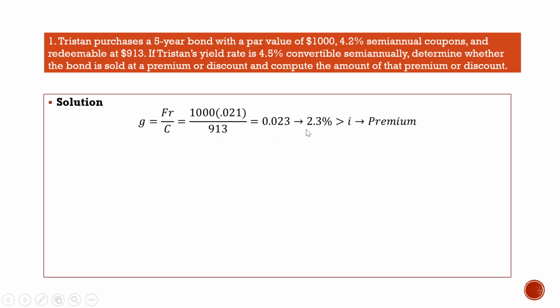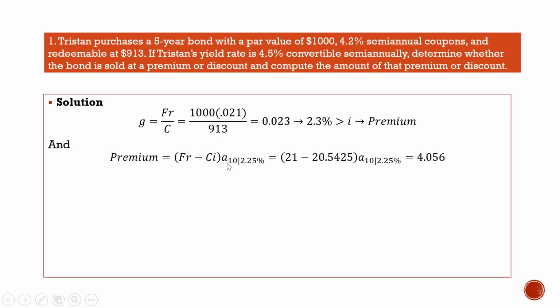So g is 2.3%, and 2.3% is greater than i because i here is 2.25%. 4.5% convertible semi-annually, that means at the end of each half year, the lender will earn 2.25% interest rate. So this bond is premium, and the amount of premium is just Fr minus C times a_angle_n at 2.25%.